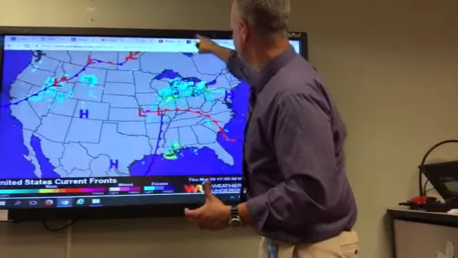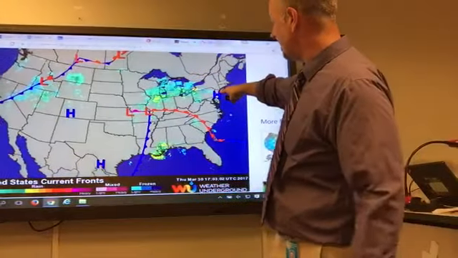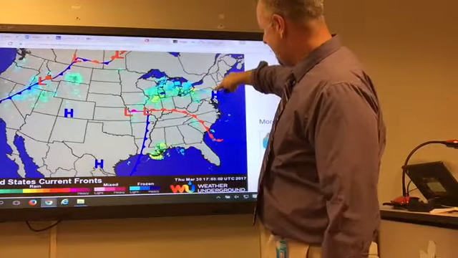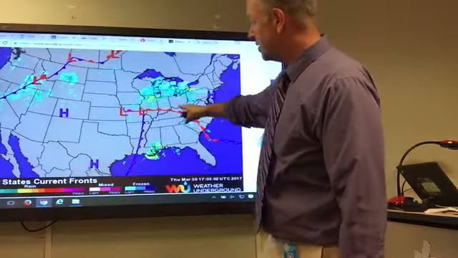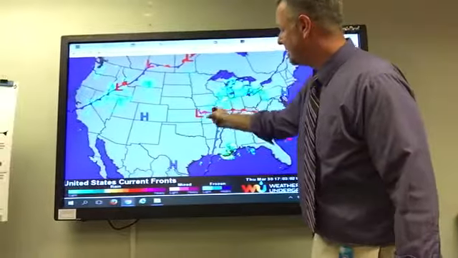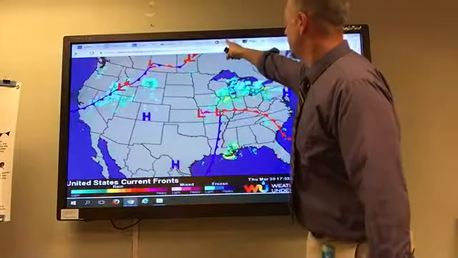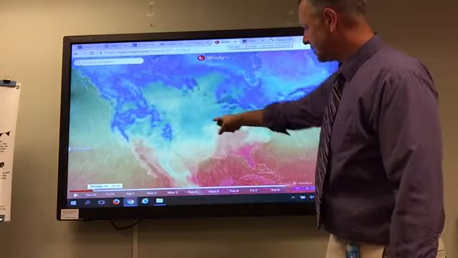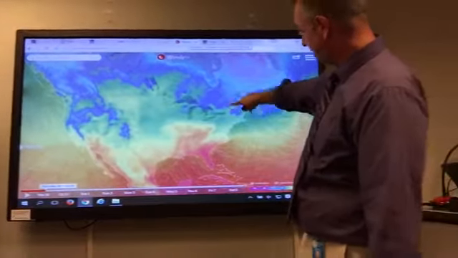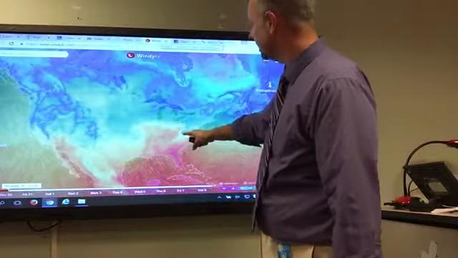We have high pressure that is off of Pennsylvania, New York, New Jersey, but that high pressure causes my winds to travel in a clockwise fashion, where a low pressure sends them in a counterclockwise fashion. So if we look at that one here, I've got my winds flowing here in this direction. That's where my low is, and my high is up here, causing those winds to circle in here.